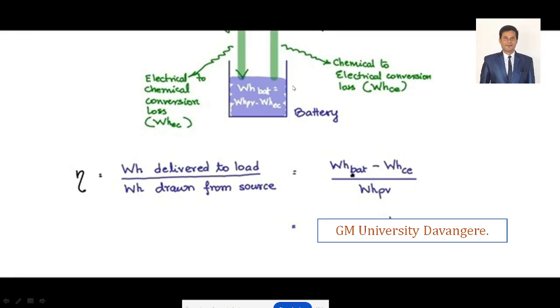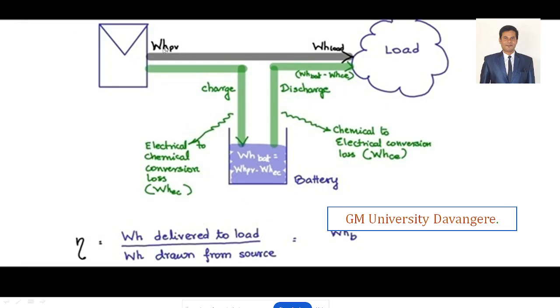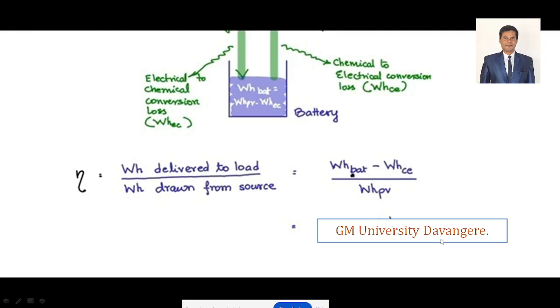And WH drawn from the source is WHPV. From the source it is delivering around 1000 watt per meter square or 1200 watt per meter square. It depends upon the radiation of the sun, how much insolation is falling on the PV photovoltaic cell modules, and based on that it gives the energy drawn from the source.